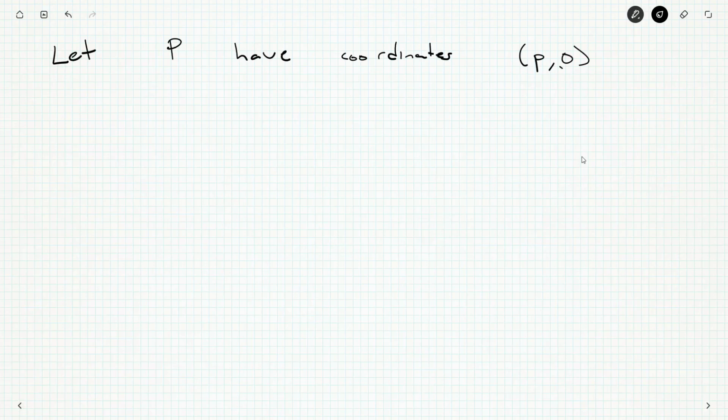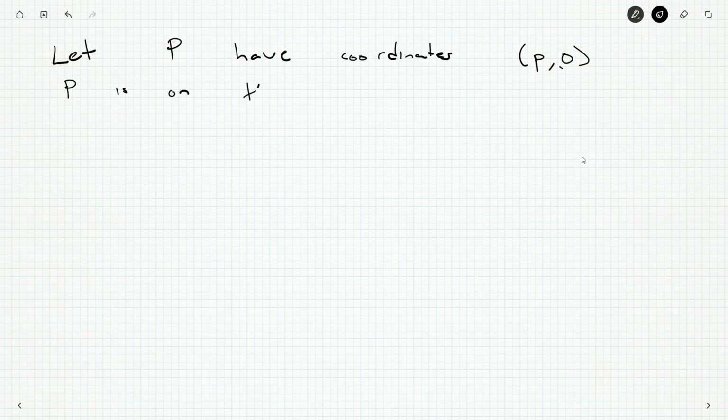That's how we know it lies on the x-axis. Now, they give me an equation for the circle, so why don't we just use that? I think there's probably another way, maybe with some Pythagorean triangles and circle geometry, but we have an equation, so why don't we use it?